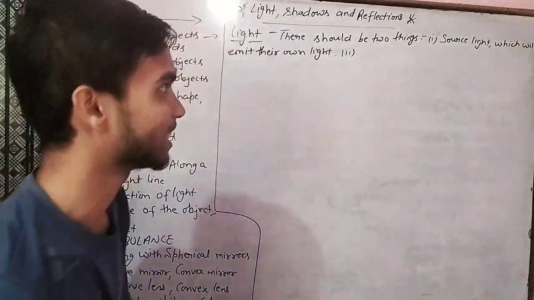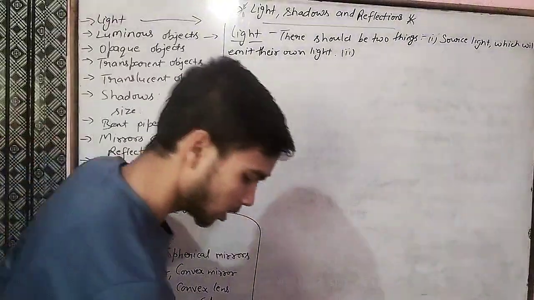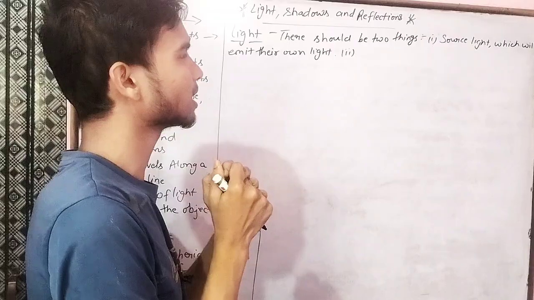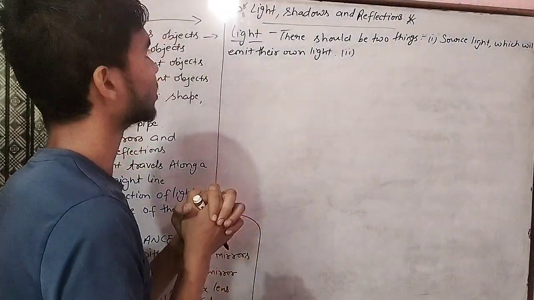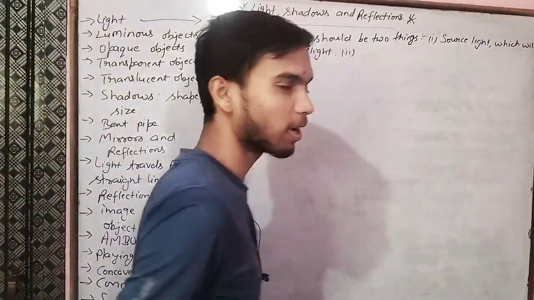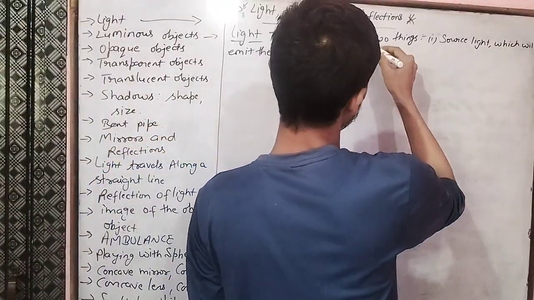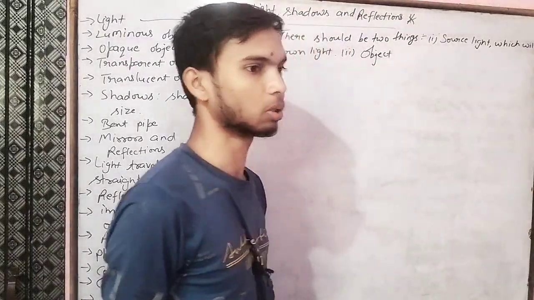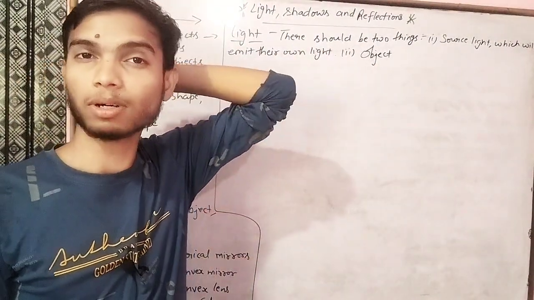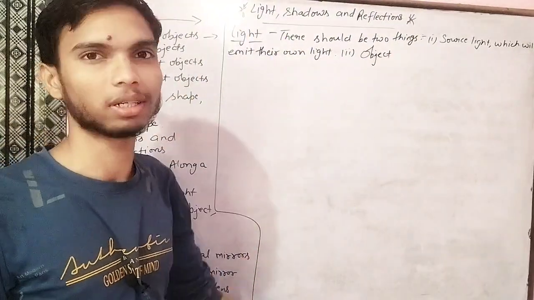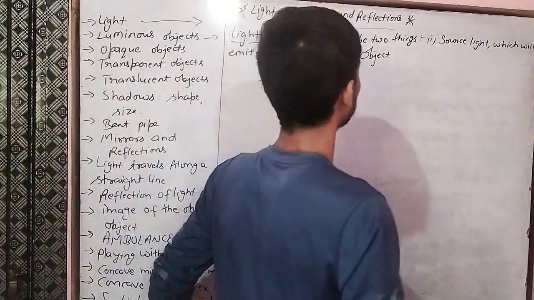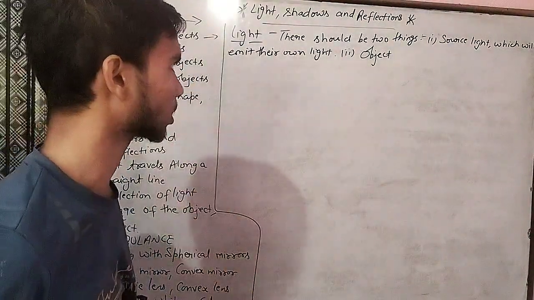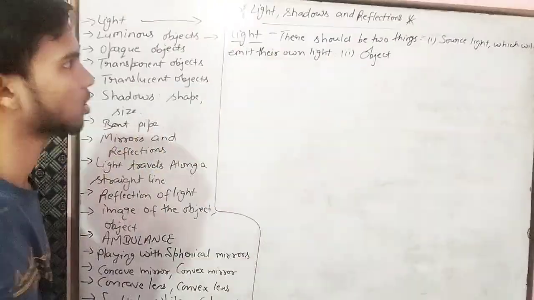Second, an object, whatever you want to see. Second is the object. The object could be transparent, could be opaque, and could be translucent. We will discuss transparent, translucent, and opaque objects after the discussion of luminous objects.